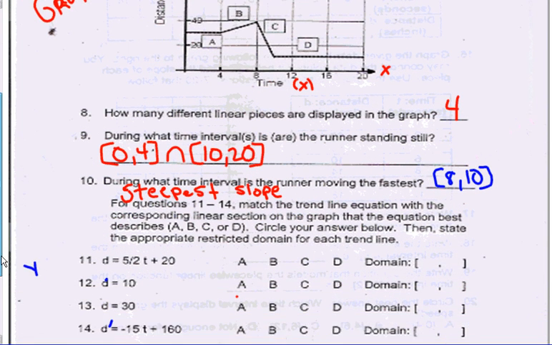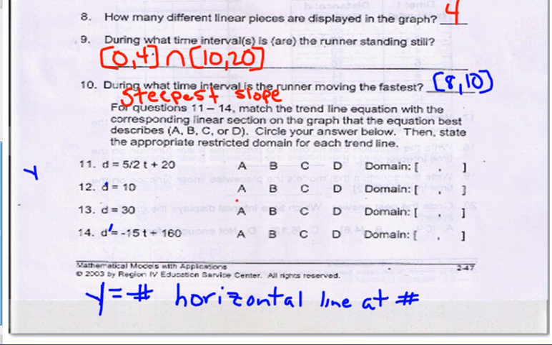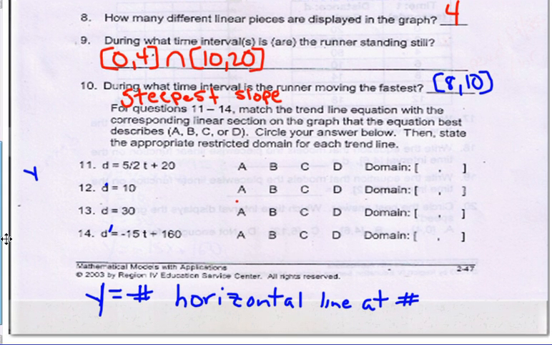All right. At the bottom, make yourself a note that y equals a number is a horizontal line at that number. You can write that down now. For questions 11 through 14, match the trend line equation with the corresponding linear section on the graph that the equation best describes, A, B, C, or D. Circle your answer below.